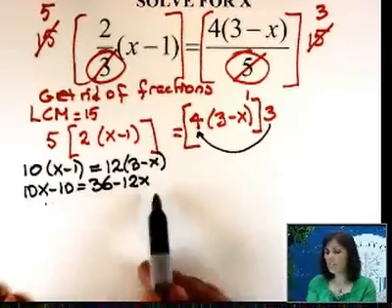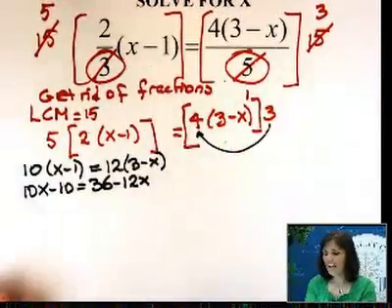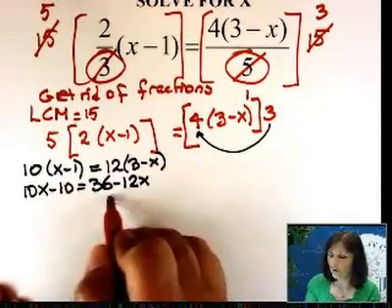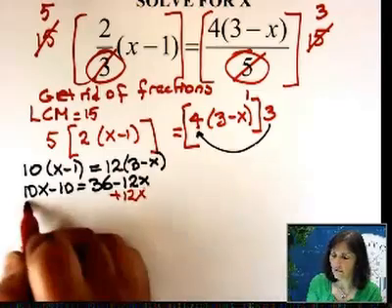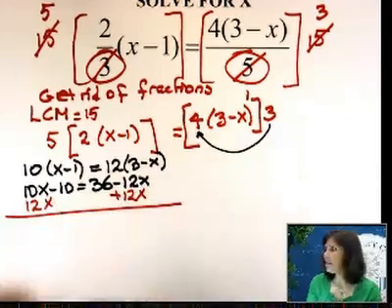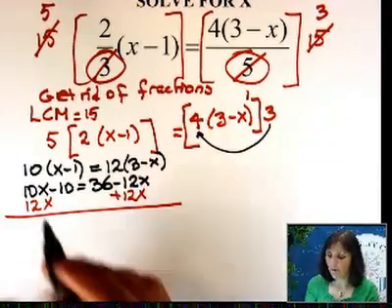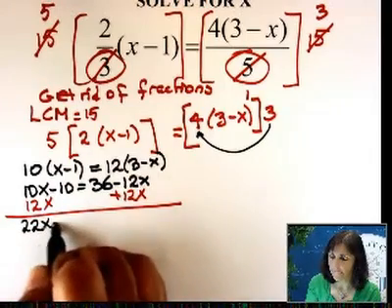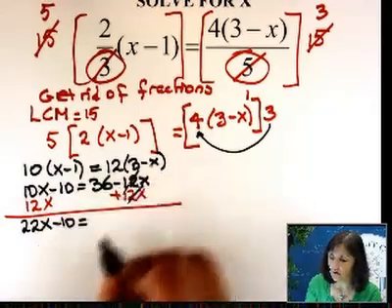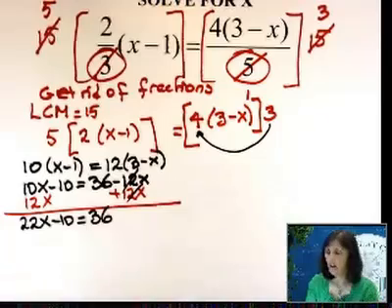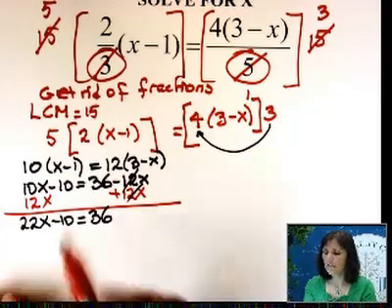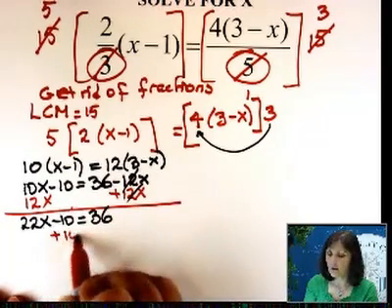Now this equation looks way better than the last one. So I'm going to add 12x on both sides to group the x's. So you have 22x equals, these two go, 36. Now I want to get rid of this negative 10 by adding 10 to it.